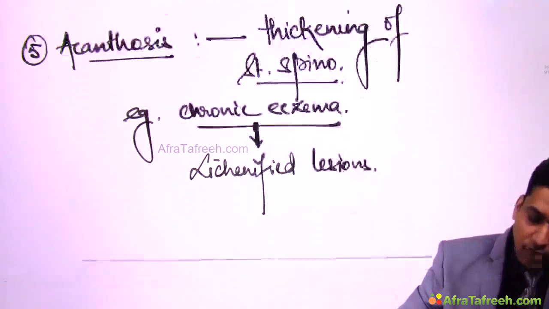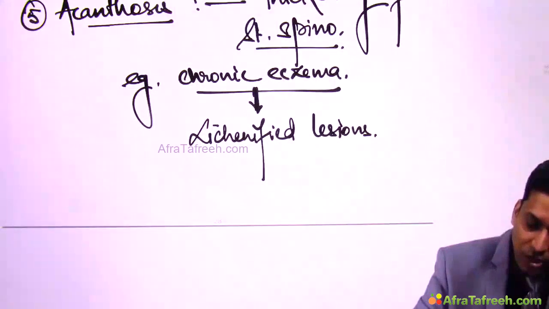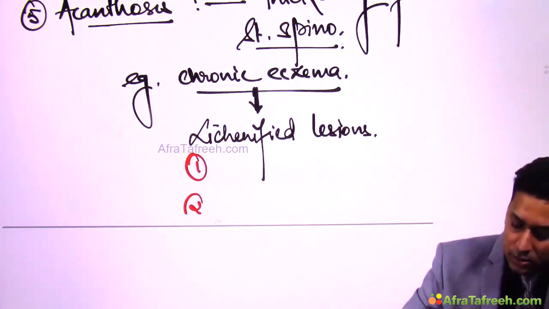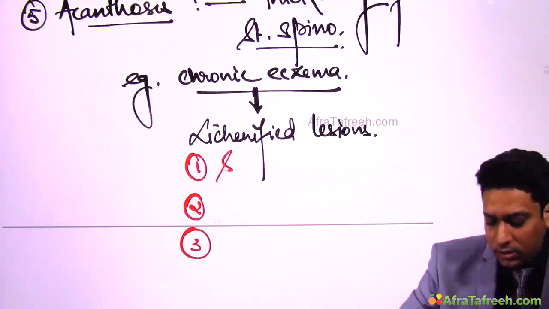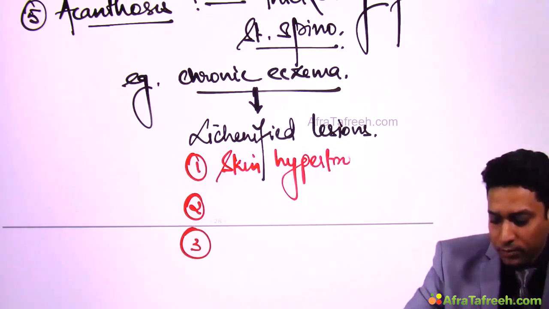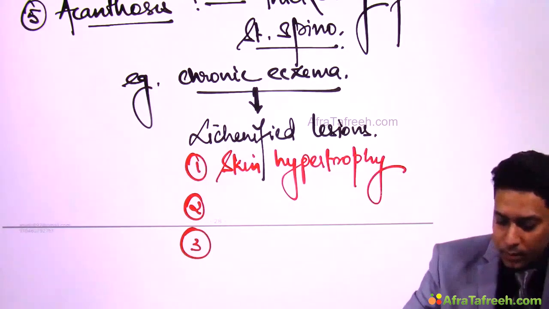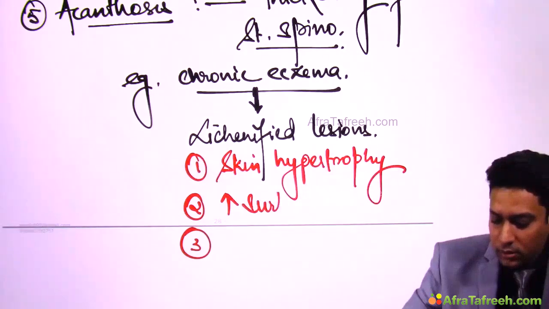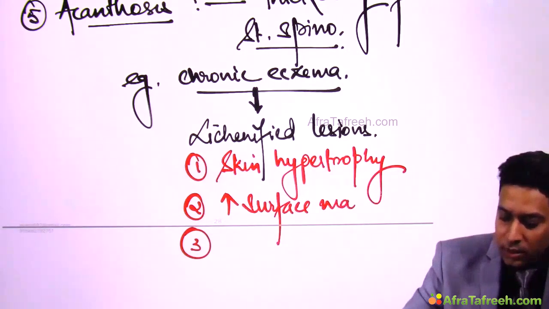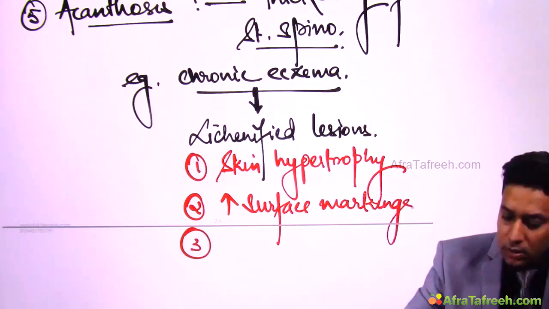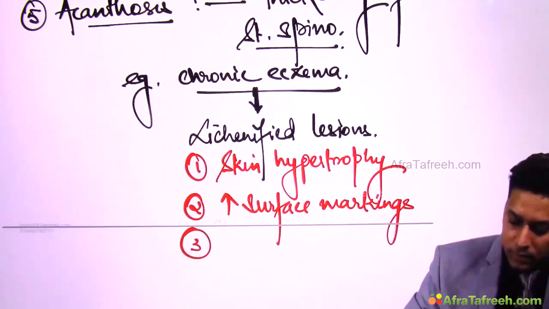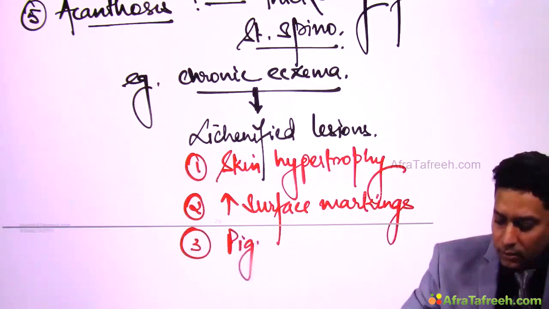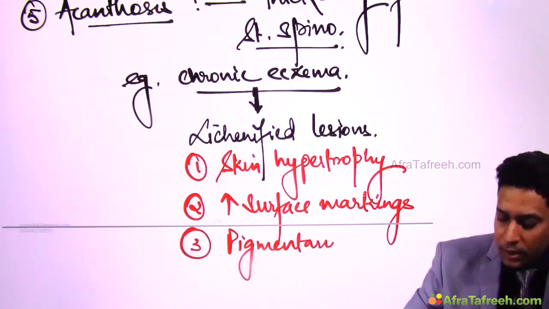Lichenified lesions. And what is lichenification? Lichenification is characterized by three things: skin hypertrophy, increased surface markings, and pigmentary changes.